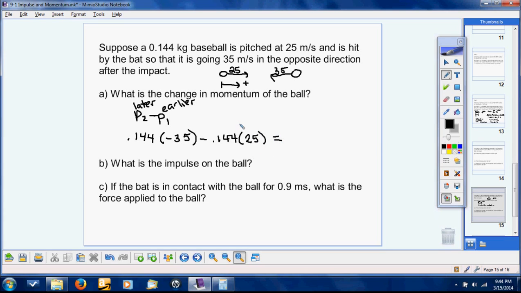So we do a little quick calculation here, and we'll figure out what the change in momentum of the ball is. 0.144 times negative 35 minus 0.144 times 25. And we get negative 8.64. Okay, so that's our change in momentum, and it's technically kilogram meters per second.